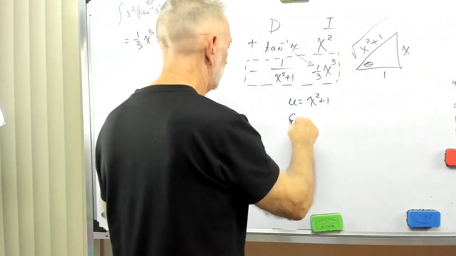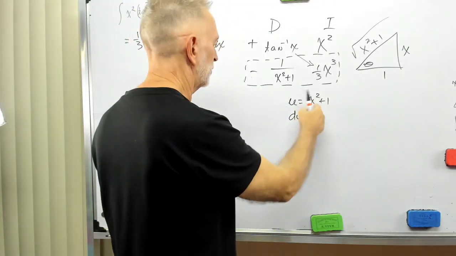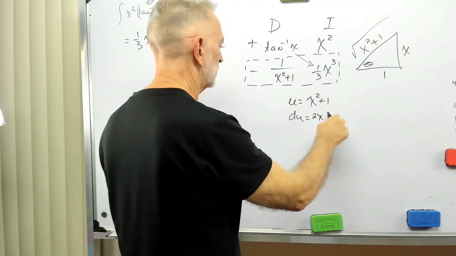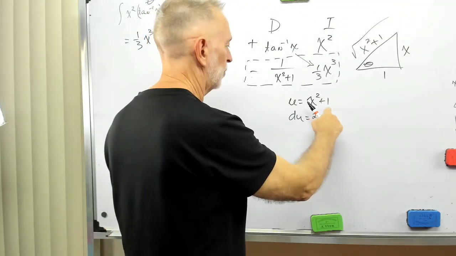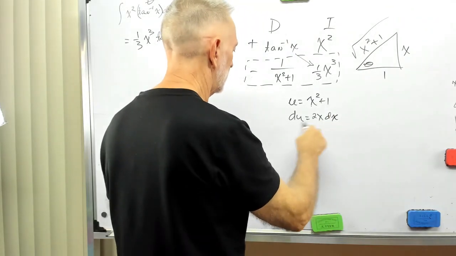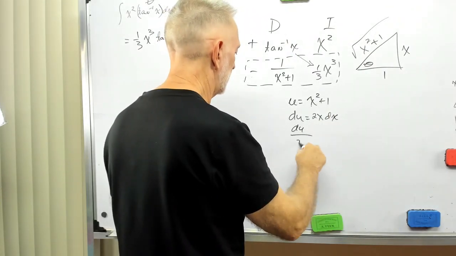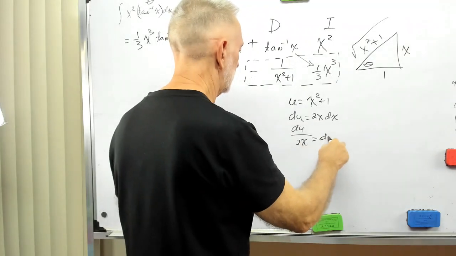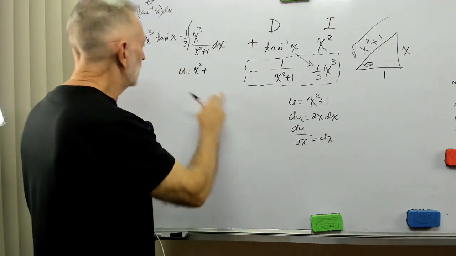Okay, du, if I take the derivative of that, 2x plus 1, the derivative of a constant 0, so 2x dx. So du divided by 2x equals dx. All right.